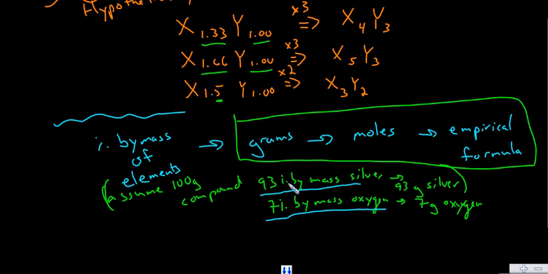Now, having these percents by mass, you can assume that you have 100 grams of compound. And so if you have 100 grams of compound, then you have 93 grams of silver from that 93%, and you have 7 grams of oxygen from that 7% by mass. So basically, if you're given percent by mass, just assume that you have 100 grams of your compound.